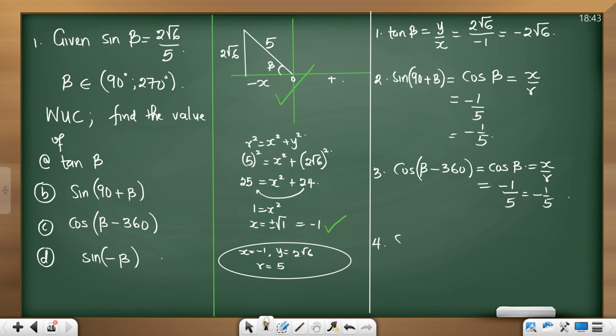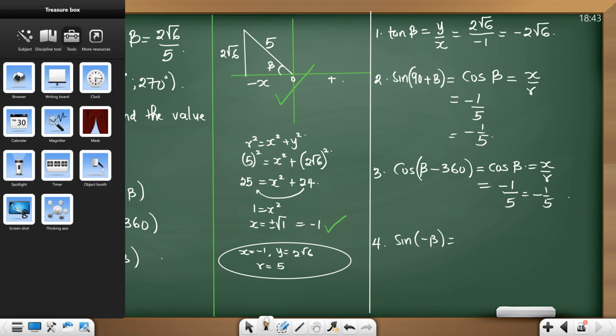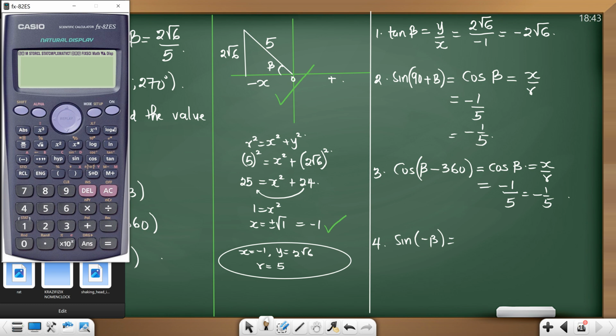Number 4, what is sine of negative B? Negative sine angle, I explained that last week as well, that it is the 4th quadrant. But there's no need to stress. We can do this. All I'm doing is checking for the sign. Is it a positive or a negative? This should give us a negative. Beautiful.